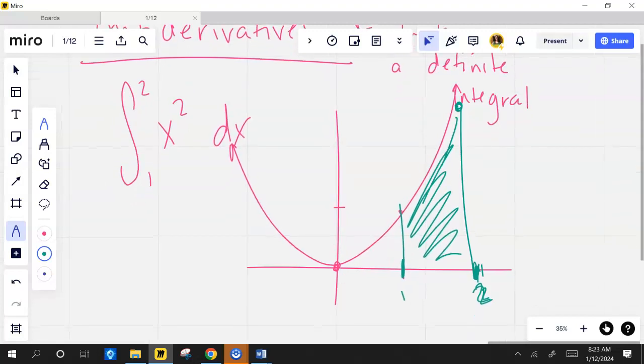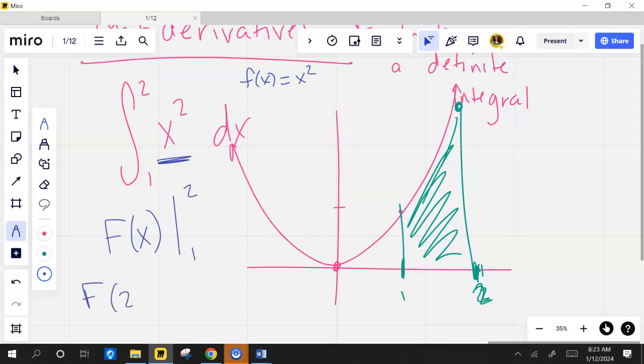So what I have to do, remember, this is just the backwards of derivatives, right? So if I can identify the antiderivative of this, let's say f of x is x squared, then if I could find the antiderivative, remember that capital F means antiderivative, and I am going to evaluate it between 1 and 2.